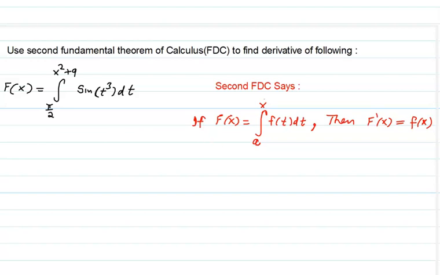It says if F(x) equals the integral from a to x of some function in terms of some other variable, say t, f(t) dt, then the derivative F'(x) would be just the function, but not in terms of t anymore. It would be in terms of x, the variable which was present in the upper bound.